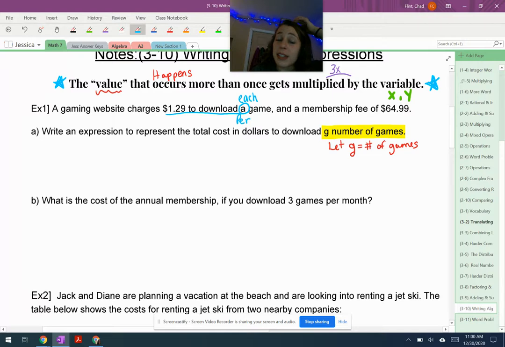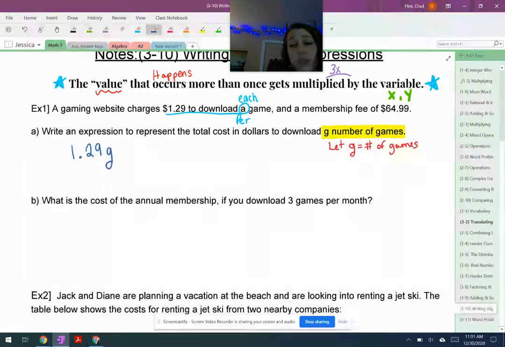So every time I download a game, I'm paying that $1.29. The value that you pay more than once is the one that's getting multiplied by the variable. So that $1.29 is going to get multiplied by that G. So 1.29G, because that's each game, and G is my number of games.